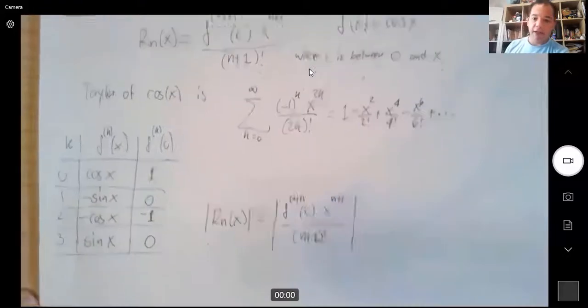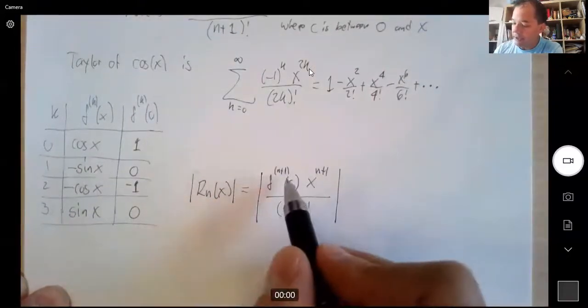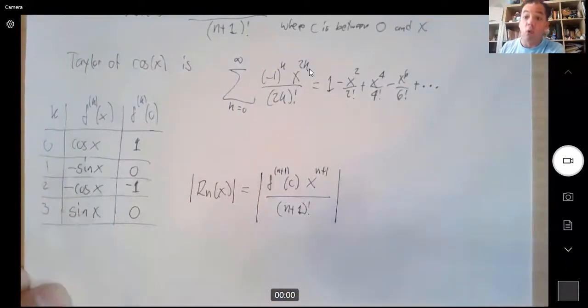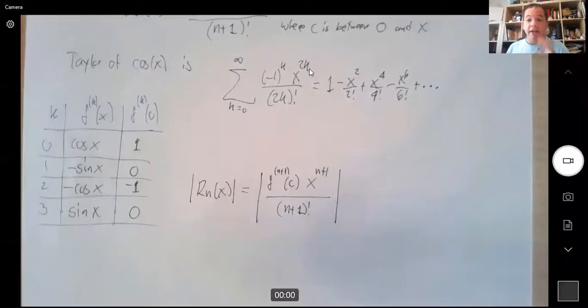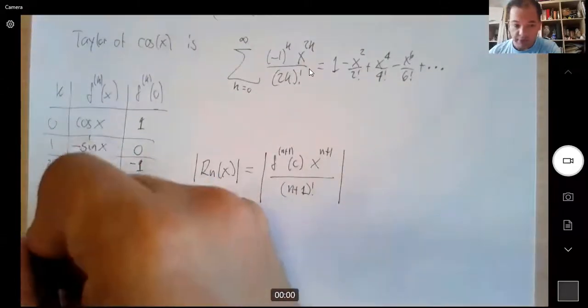Right? And like we said, what is the n plus 1 derivative? Well, it's got to be one of these, right? Cosine, negative sine, negative cosine, or sine. One of those 4, right? And here's the thing. Regardless of which one it is, when we plug in the number c, we know that sine or cosine, all of those are bounded by 1. They are at most 1. So let me write it here.